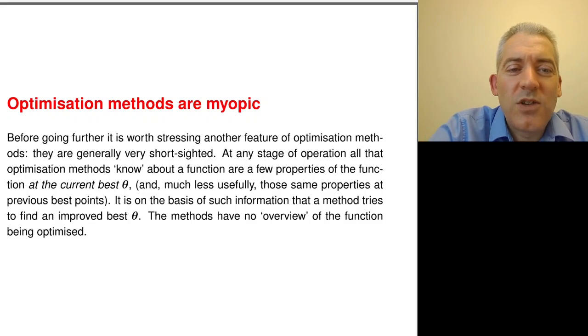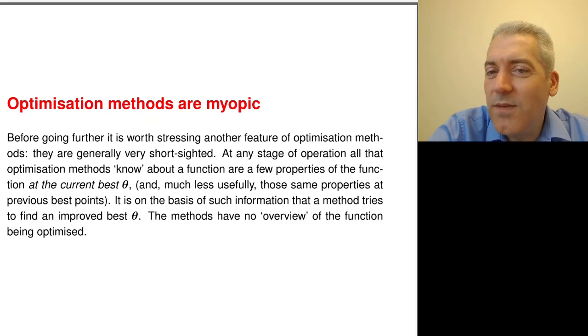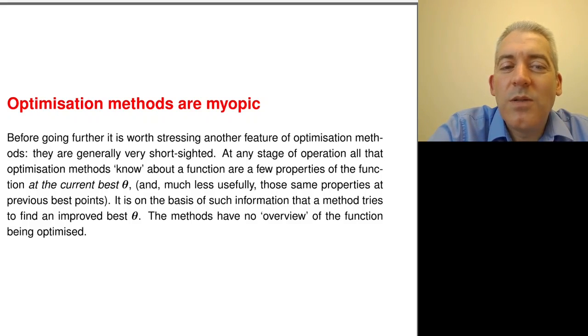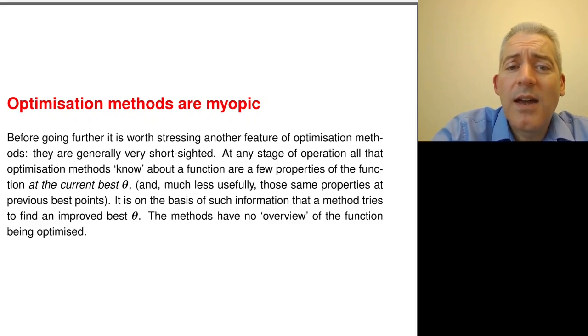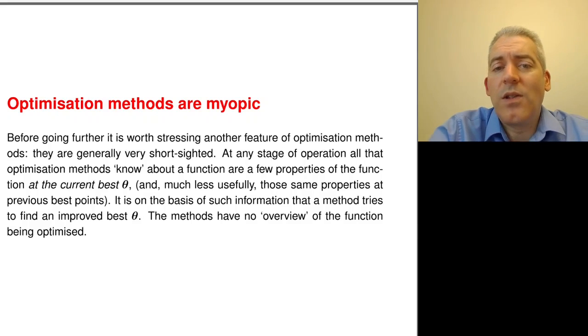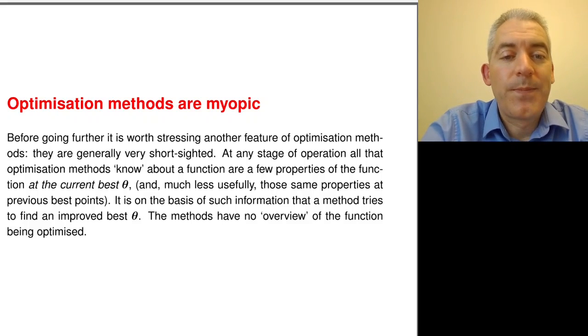So we know the current best guess, and we use some feature of it, or things we can evaluate about it, or maybe some previous recent points, in order to say something about where to head next. They don't typically have a global overview of what the function looks like. There are optimization methods which do a slightly better job of that, but we're not looking at those here.